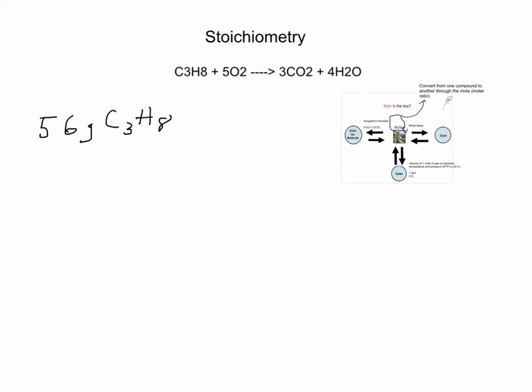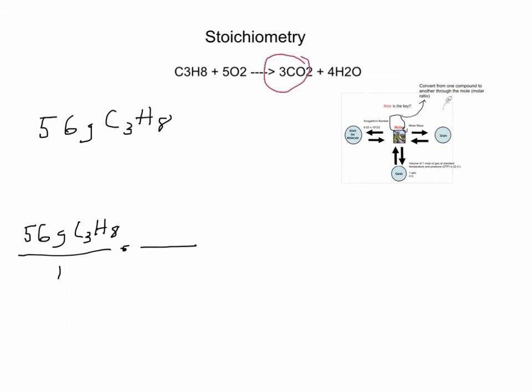So first, given over 1, 56 grams of propane over 1. We then have to convert, but we can't convert to carbon dioxide. Remember, carbon dioxide is our goal, from grams.